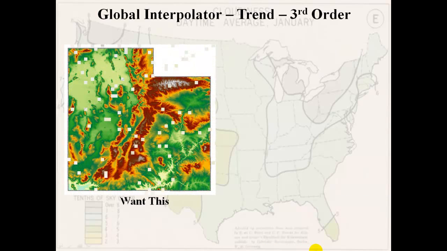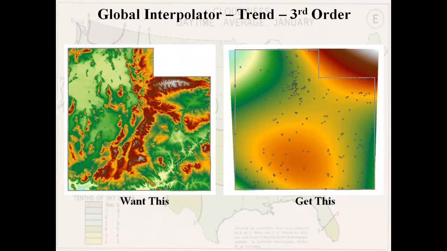Let's go to a third order. Third order looks like this. You can see that this third order is able to grab these east-west oriented mountains and get a depiction of those over here. And it's able to get these higher elevation points in here. So now we have a third order polynomial, and it gets harder and harder to visualize what the polynomials look like as you go to higher and higher orders.